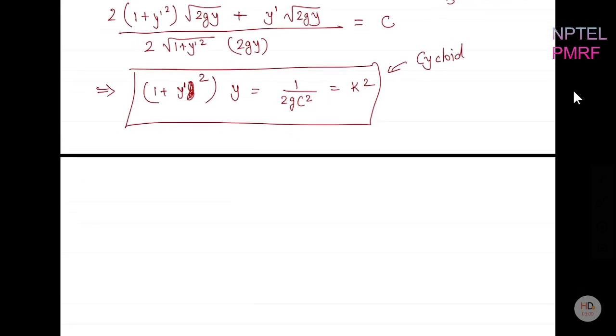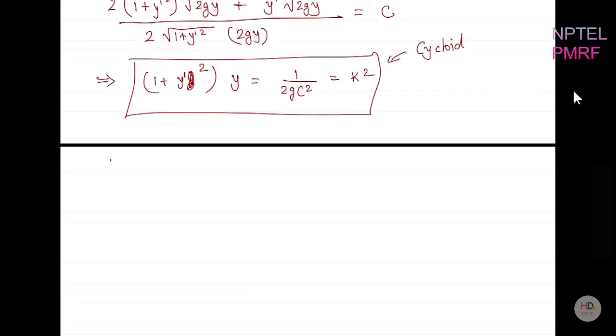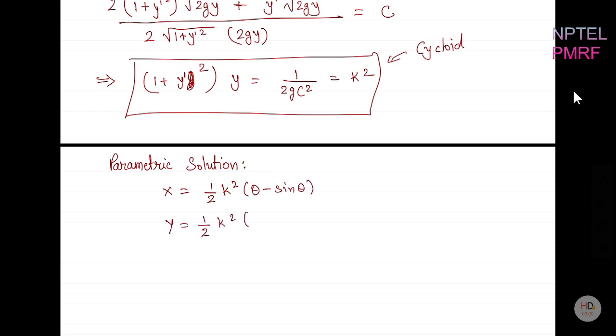And last thing, you can parametrically solve this solution. I'm just writing it down, but you can solve it. x is theta minus sine theta, and y is given as half k square times 1 minus cos theta.